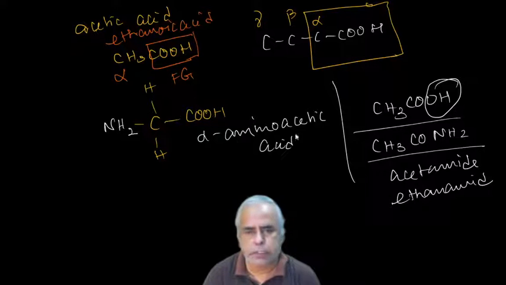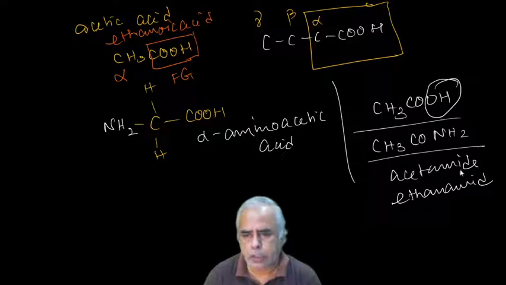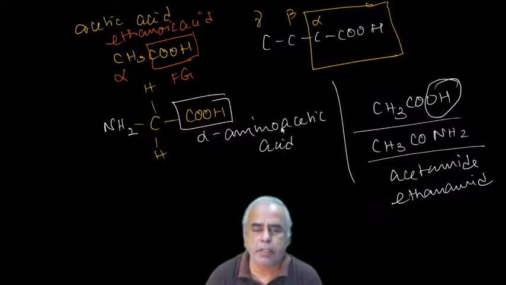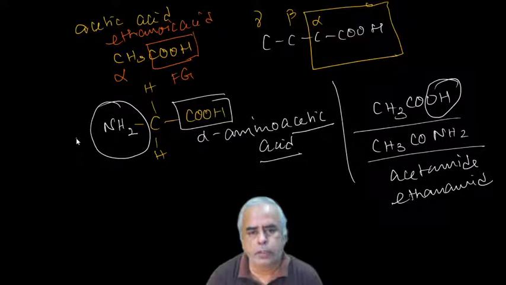So amide is different from amino acid. Here it has lost its acidic property because of the replacement of OH, whereas here the acidic functionality is still maintained, and that's why it is still an acid. Of course, it is substituted. Where is it substituted?